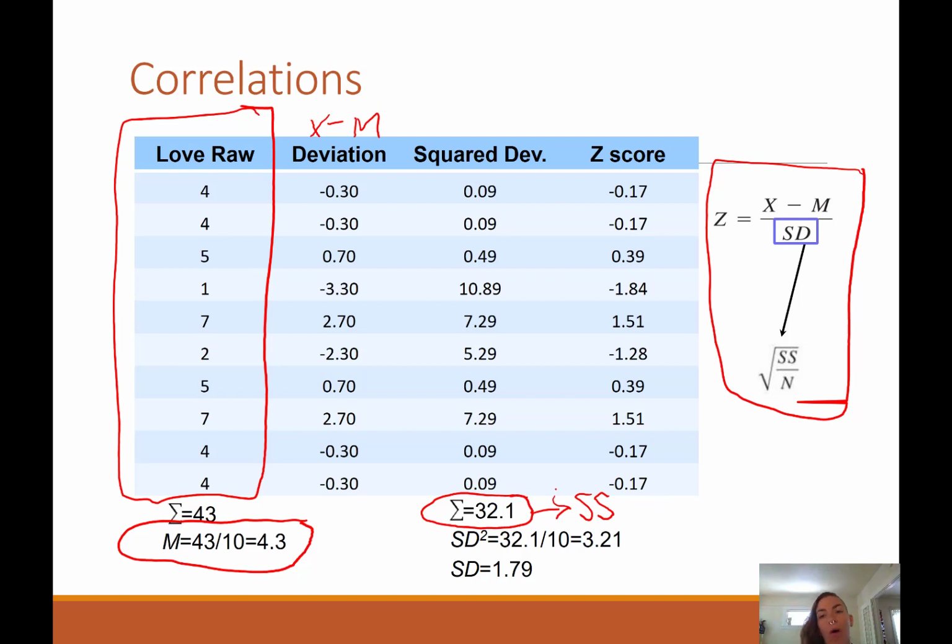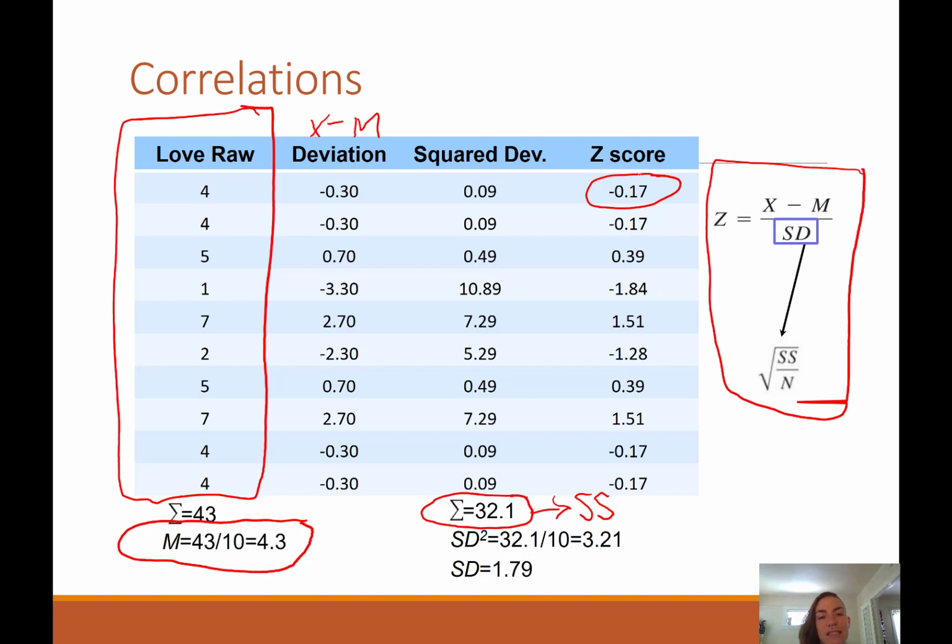So now we have all the pieces to calculate the z-score. The z-score for each person is x minus M over standard deviation. So for person 1, we get negative 0.17, and that comes from taking their x-score 4 minus M, or 4.3, and then we divide by 1.79.